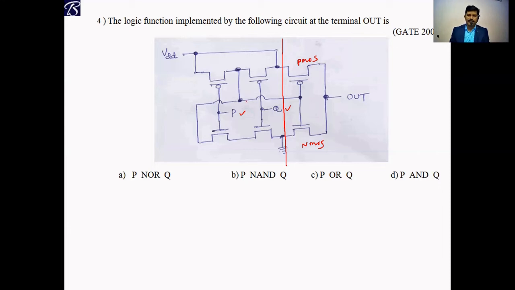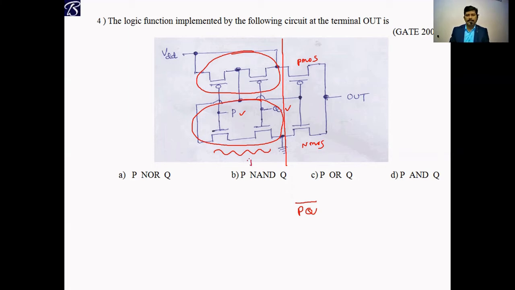It acts as an inverter. So consider this first part. P and Q are the input. Observe these two, they are in series. That means AND operation, P into Q. Observe this NMOS region. So Y equal to P into Q.